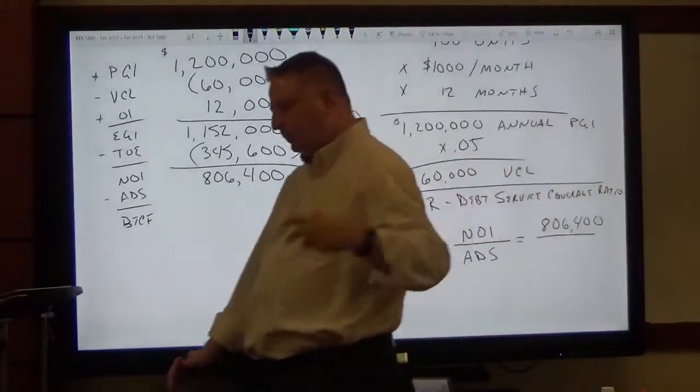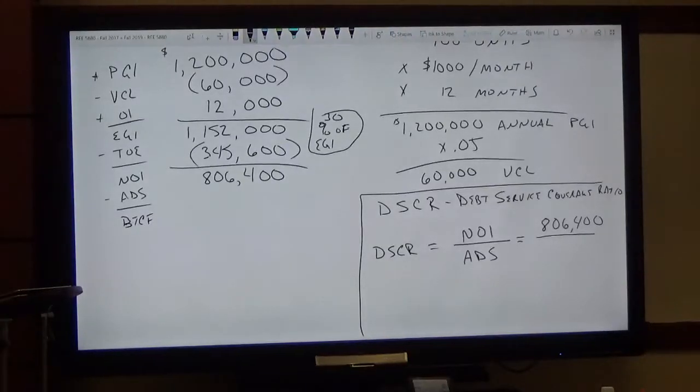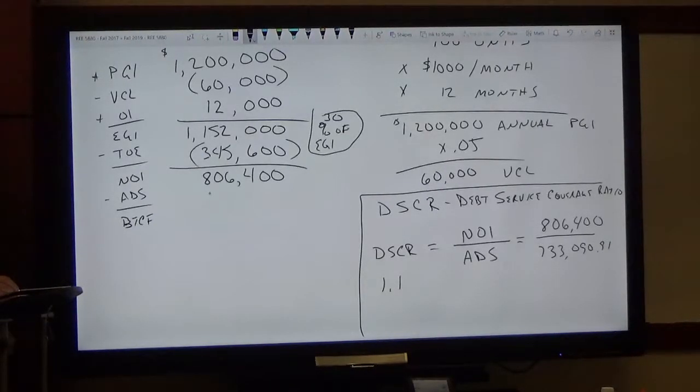Well, if they feel really comfortable with it, the haircut might only be a 10% cut. Okay? And so what that means is your debt service coverage ratio would be 1.1. Okay? Well, let's just use that number and then calculate what our annual debt service would be based on that. Okay? So what that means, no, not 1%, 10%.